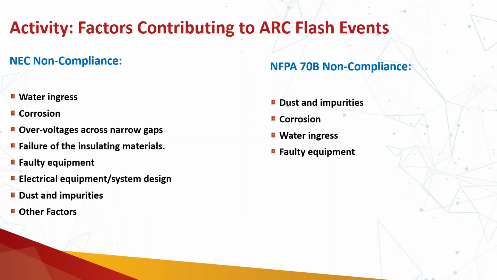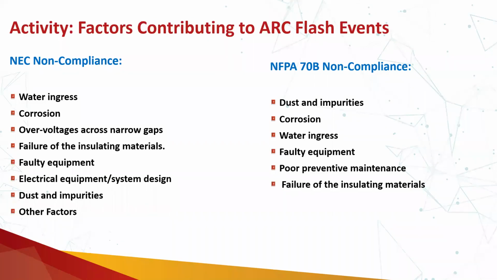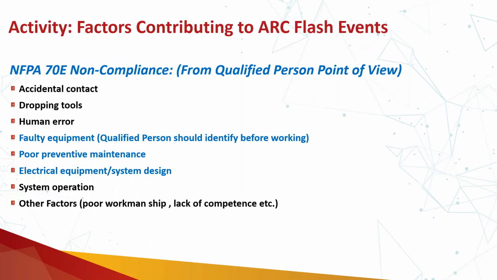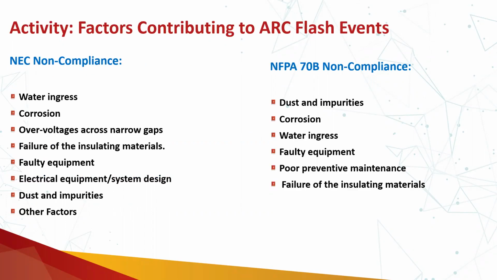Faulty equipment was not maintained, and it had become faulty. Poor preventive maintenance. Failure of the insulating material. Okay, if the material has failed, or the insulation has deteriorated or failed, so why has the maintenance not picked up those issues, right? Or if you determine an arc flash event has occurred when these were the condition, but the qualified person was interacting.